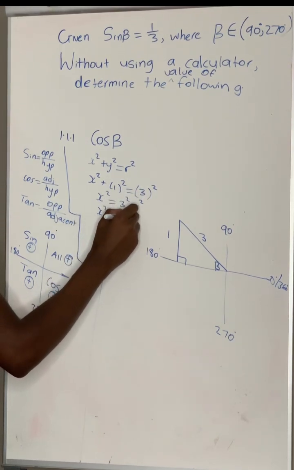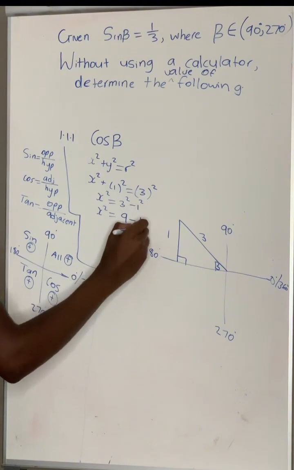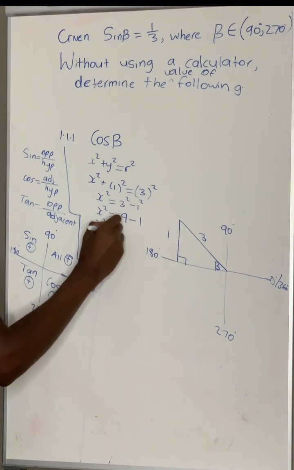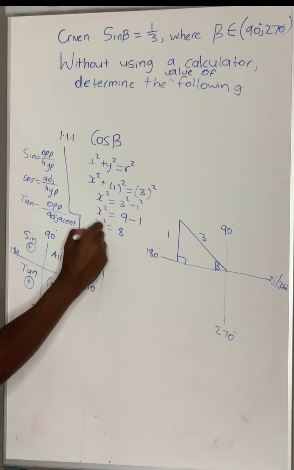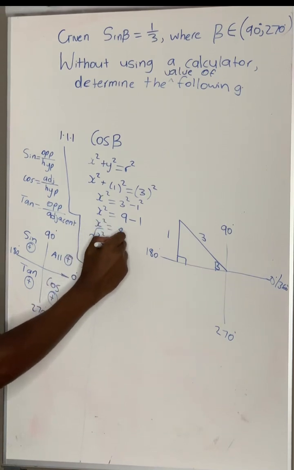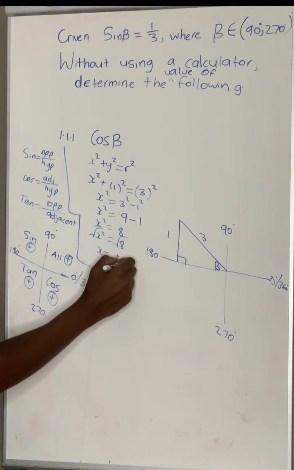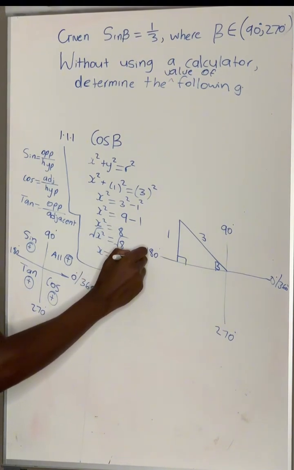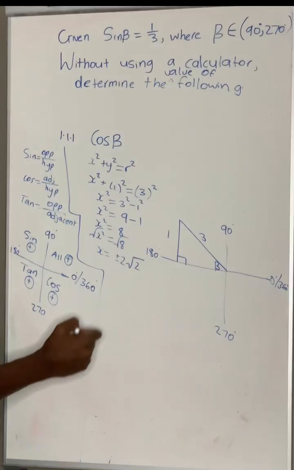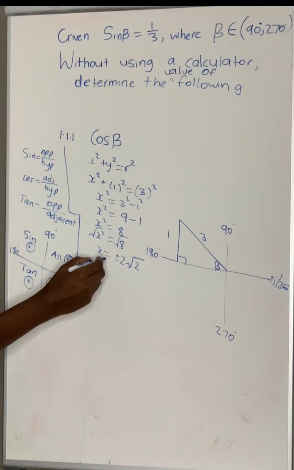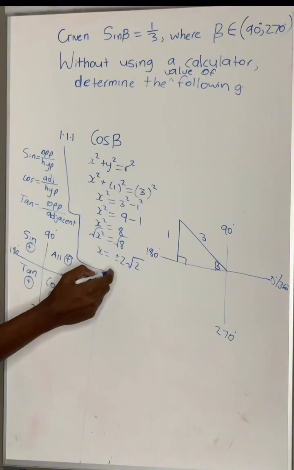X squared is equal to 9 minus 1. X squared is equal to 8. And then the square roots of that. So x is equal to plus minus 2 root 2. So x is plus or minus 2 root 2.